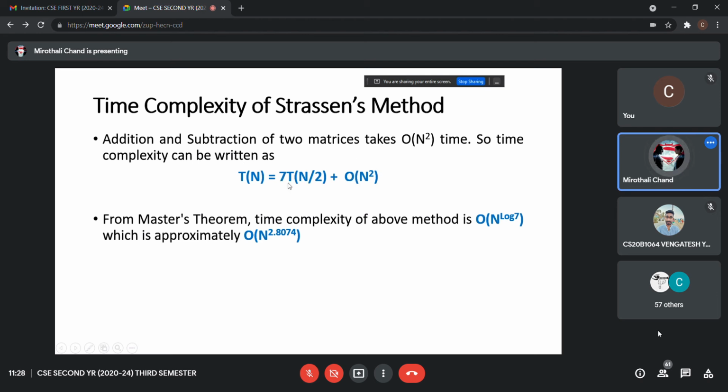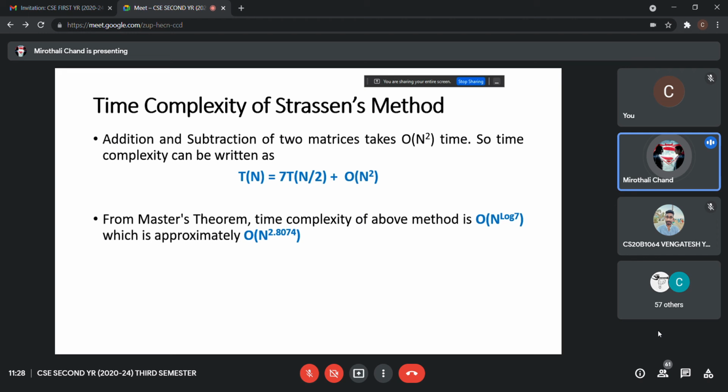So there we have 8 multiplications, here 7. So when we calculate the time complexity of this Strassen's method, we get O of n power 2.8, whereas in the previous normal divide and conquer and normal matrix multiplication we got O of n power 3. So the time complexity is reduced.